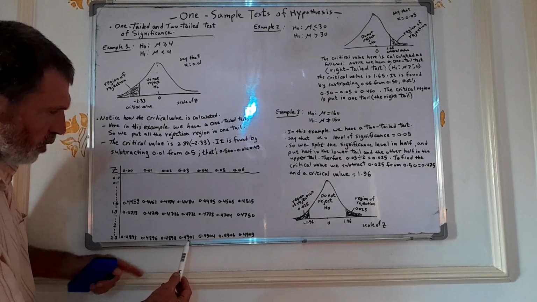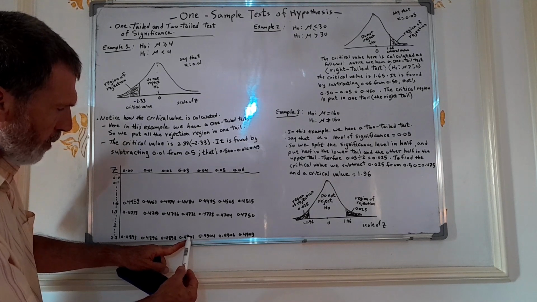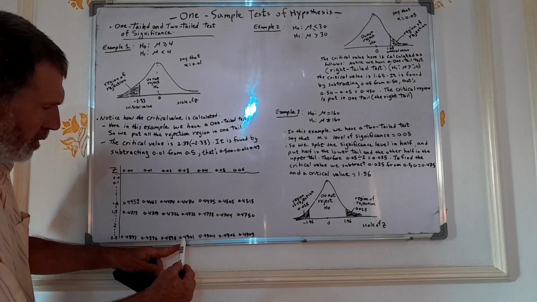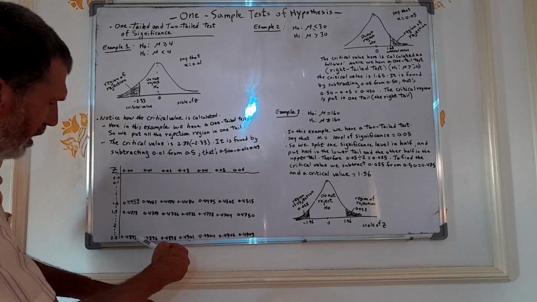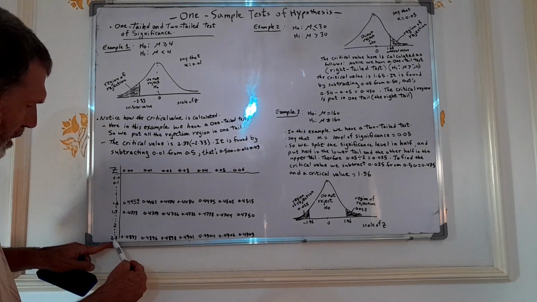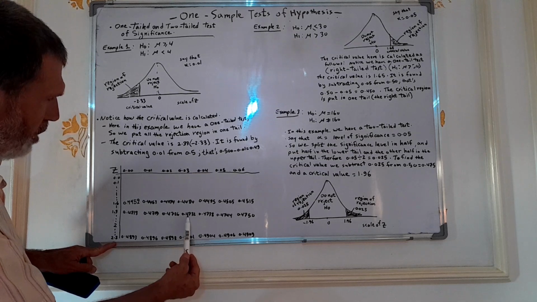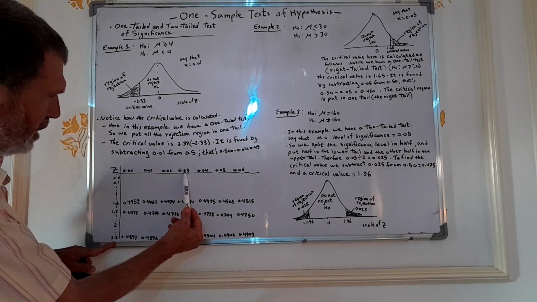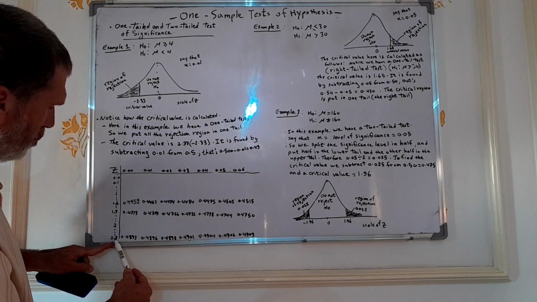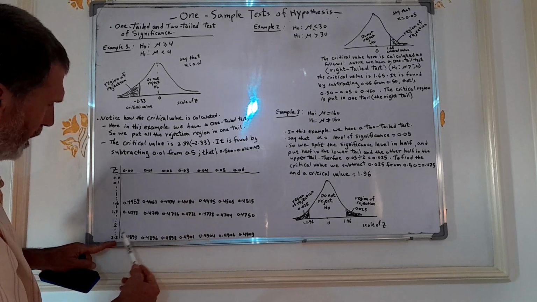So to calculate the Z, the critical value, we move to the left all the way to get 2.3, and then we move up to the row where we get 0.03. So it's going to be 2.33.